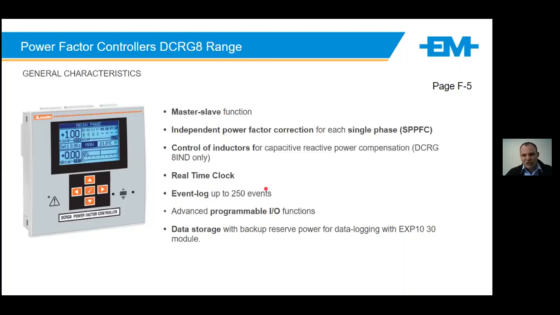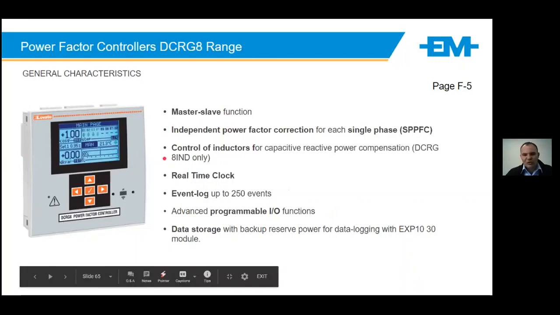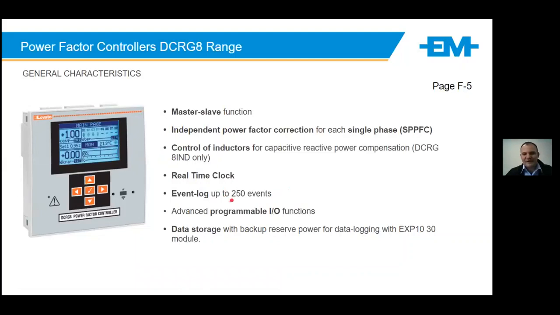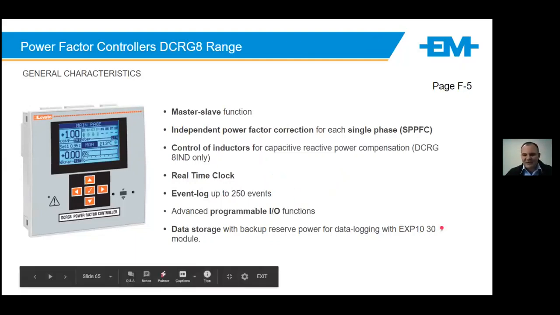You can expand this controller with a module for what we call additional data storage. So if you've got specific variables that you'd like to log, say volts, amps, kilowatt, at a specific interval, you could put this expansion module into the mix.